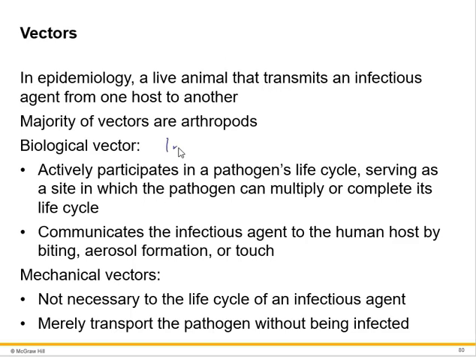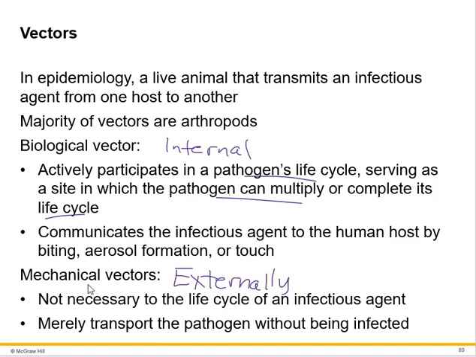So this is internal. Mechanical vectors are externally carrying the disease. With the internal ones, again, they participate in the pathogen's life cycle. The pathogen can multiply and complete its life cycle within the vector.